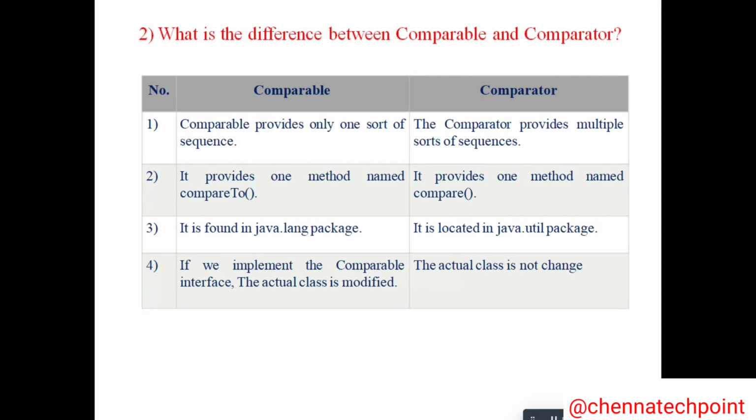Comparable is found in the java.lang package. Comparator is located in the java.util package. In Comparable, we implement the Comparable interface, and the actual class is modified. In Comparator, the actual class is not changed.